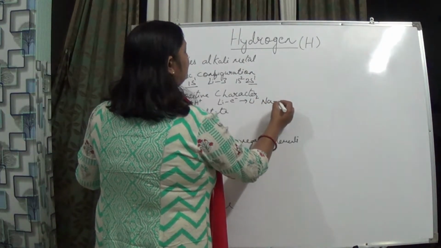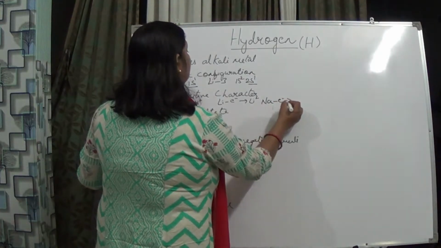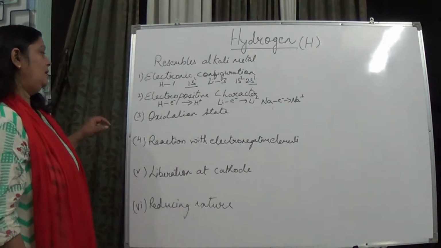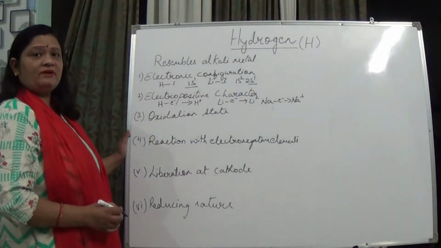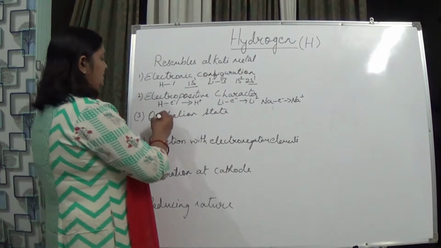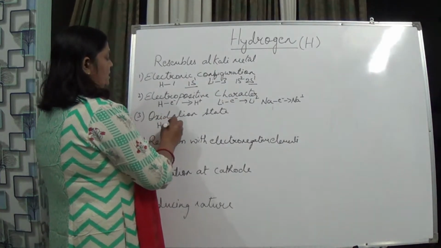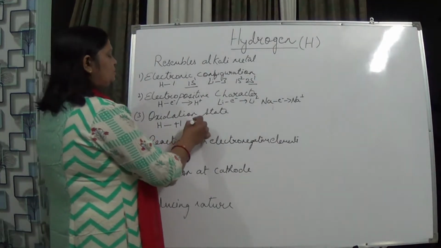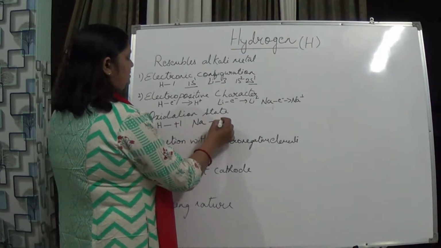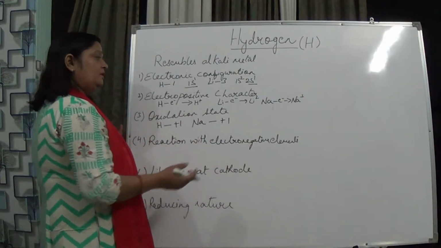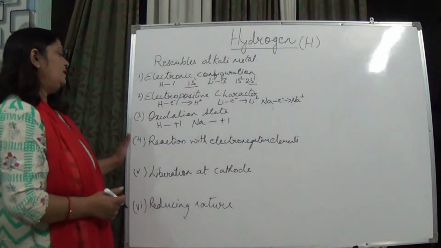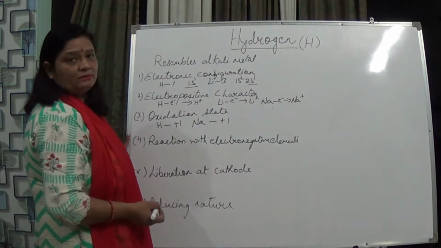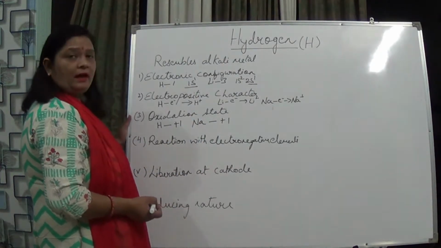Na gives one electron to give Na+. Now the oxidation state: majority of the time hydrogen shows a +1 oxidation state. Sodium also shows a +1 oxidation state, isn't it? All belonging to the alkali metals. So the oxidation state is also similar for hydrogen and the alkali metals.